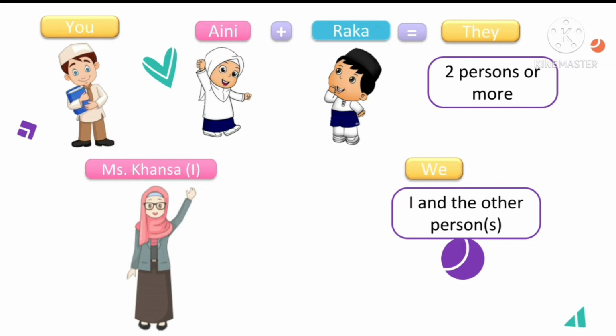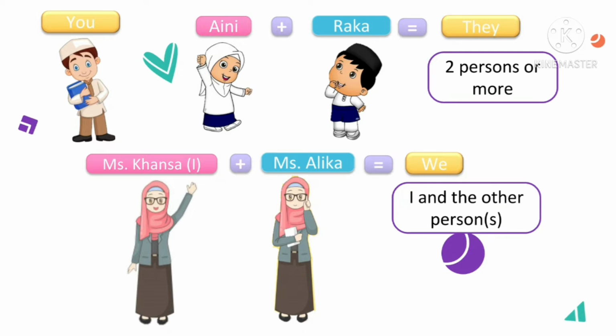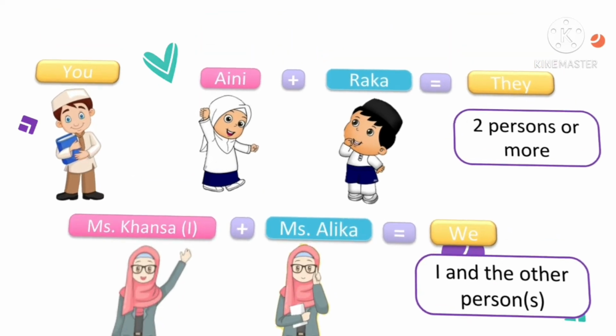Meanwhile, if I, Miss Kansa, plus another person, Miss Alika, equals we. So if I want to mention about I, myself, and the other person, we revert to we. Yes, we will say it as we. I hope you do understand. If you don't, just repeat the video, okay? Okay, next.